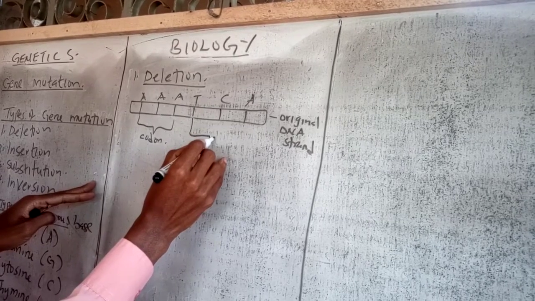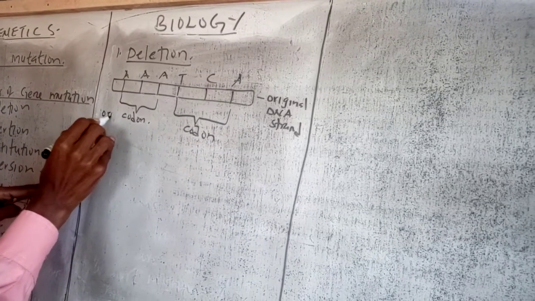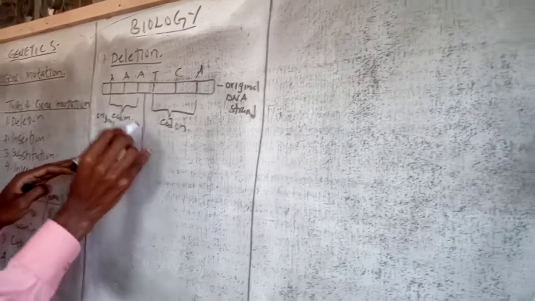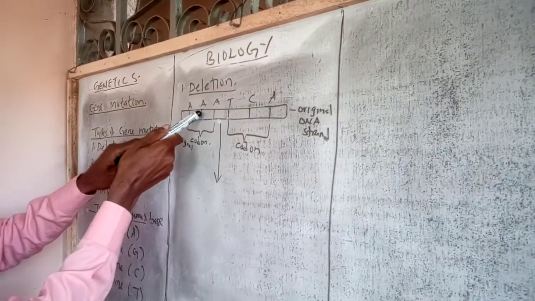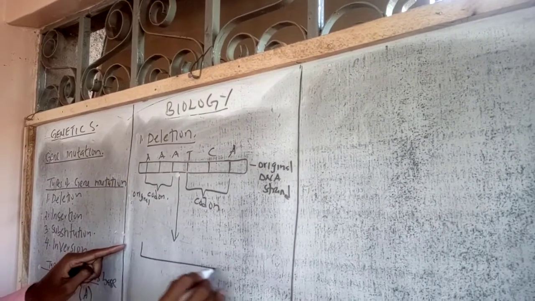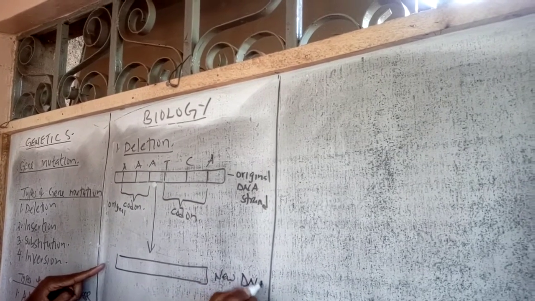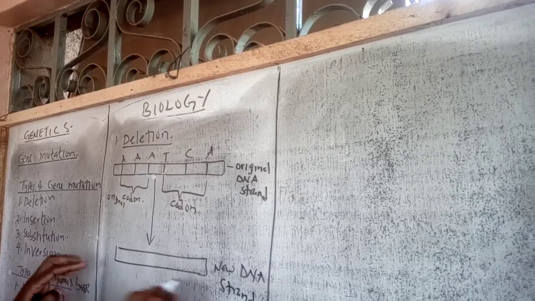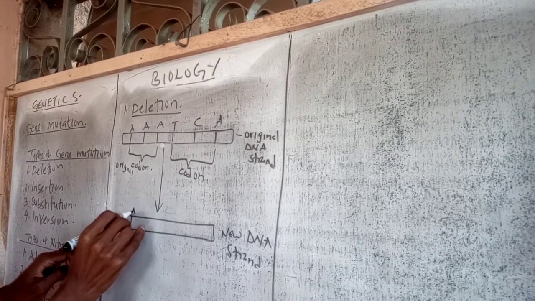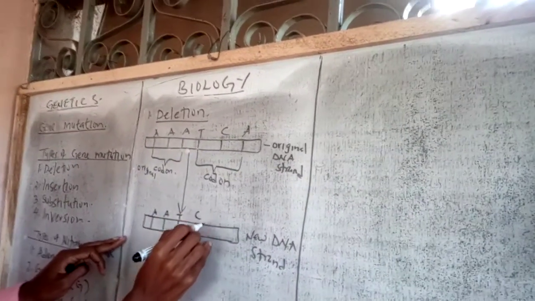Those are all original codons. If one of the adenines is deleted, we will have the new DNA strand, with adenine, another adenine, followed by thymine, followed by cytosine, followed by adenine.